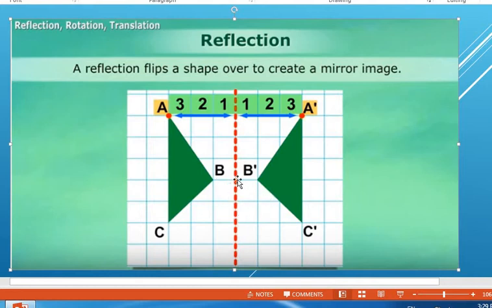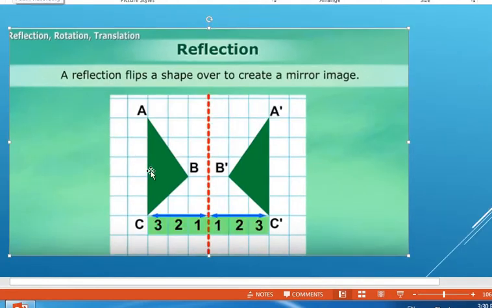Between B and the dotted line, I have just 1 unit, and here just 1 square unit. And from C to the dotted line, let's count 1, 2, 3, and here 1, 2, 3, the same distance.